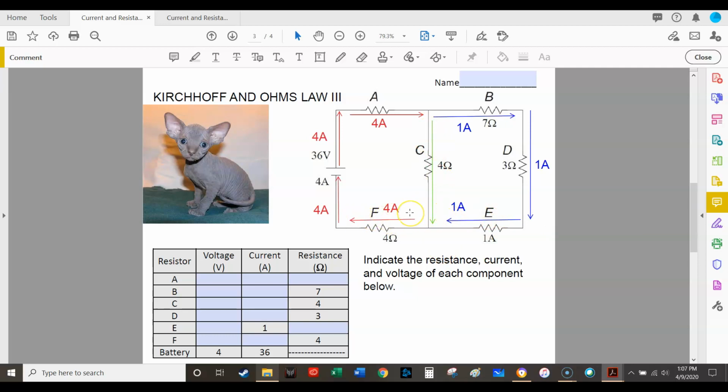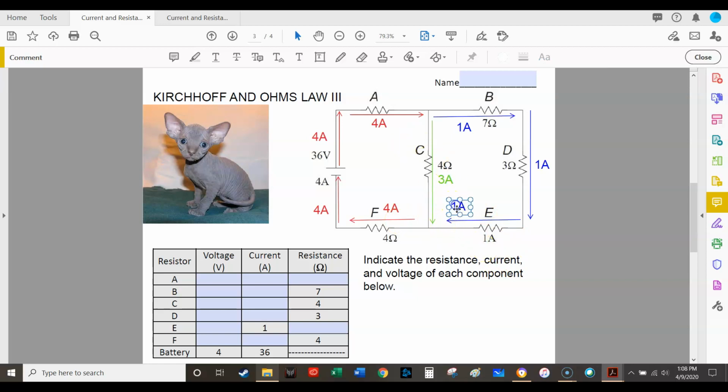Well, if 4 amps is leaving, what that means is red is equal to green plus blue. Well, red is 4 amps, blue is 1 amp, and what that means is that green has to be 3 amps. Because 3 amps plus 1 amp is equal to 4 amps. Okay?